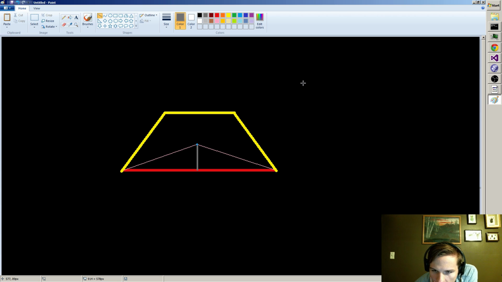How far down is that line? Well, I was saying I want the dot to be in the center of the polygon. So that's the question, is how do I define the center?